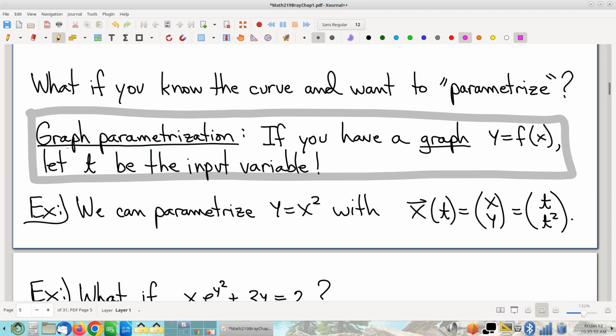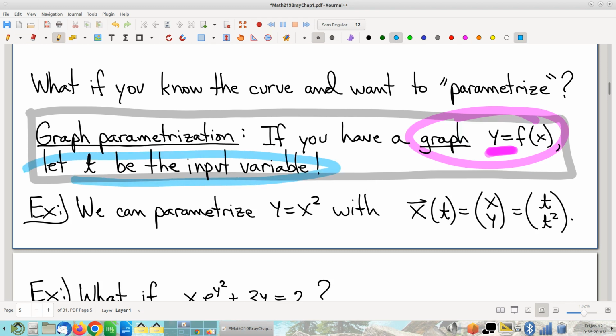But the big idea is if you have a graph, in other words, if you have one of the variables written literally as a function of the other, not that this will always be the case, right? Some curves don't do that. But if you can write one of the variables as a function of the other, here's the simple trick that makes it all just kind of work.